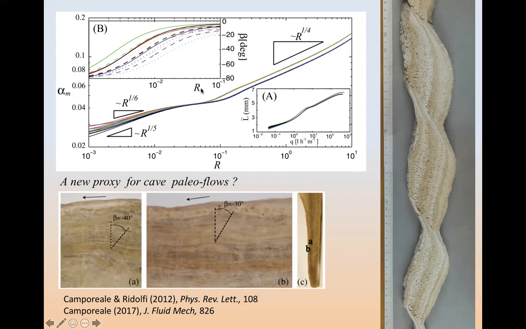So this is an opportunity for a new proxy for cave paleo flow reconstruction, because from just cutting a stalactite, you see what the geometry is and what is recorded in the rock, and from that, through the theory, reconstruct the Reynolds number, that means the magnitude of the flow which generated the pattern.